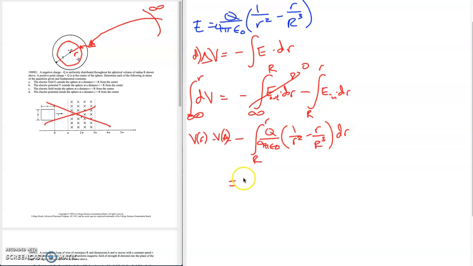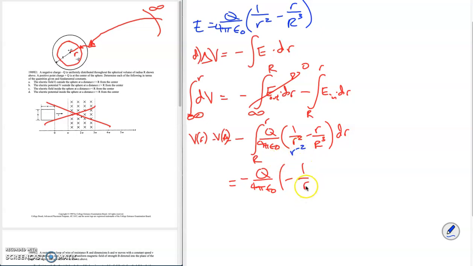So we're going to have minus q over 4 pi epsilon naught, and then minus 1 over r, because this is the same thing as r to the minus 2, and then we add 1 to this exponent, it becomes minus 1, and then we divide by our new exponent, which is minus 1.